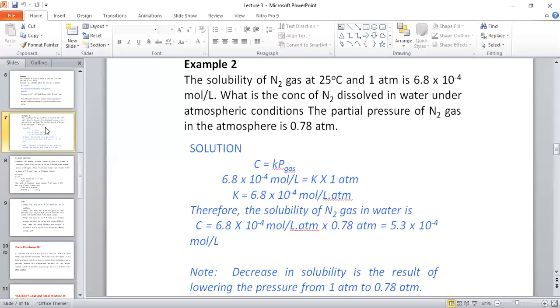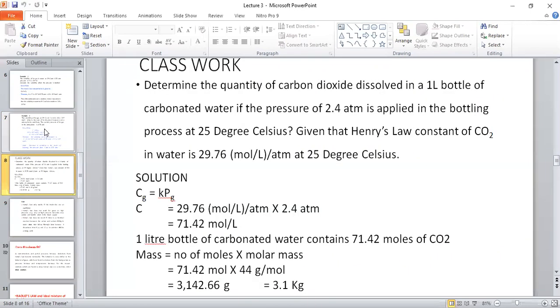At 0.78 atmosphere, which is lower than 1 atmosphere, you expect the solubility to be lower than 6.8 times 10 raised to power minus 4. That's why it is reduced to 5.3 times 10 raised to power minus 4. I believe you understand this now.